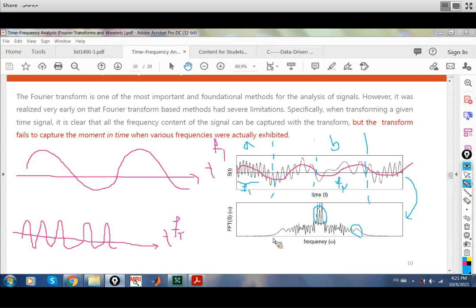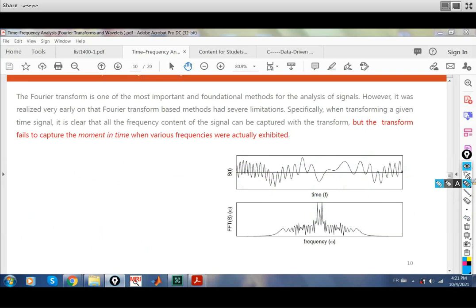By Fourier Transform, we can access the frequency content of the signal. Okay? We can only access the frequency content. And this is a disadvantage of Fourier Transform.